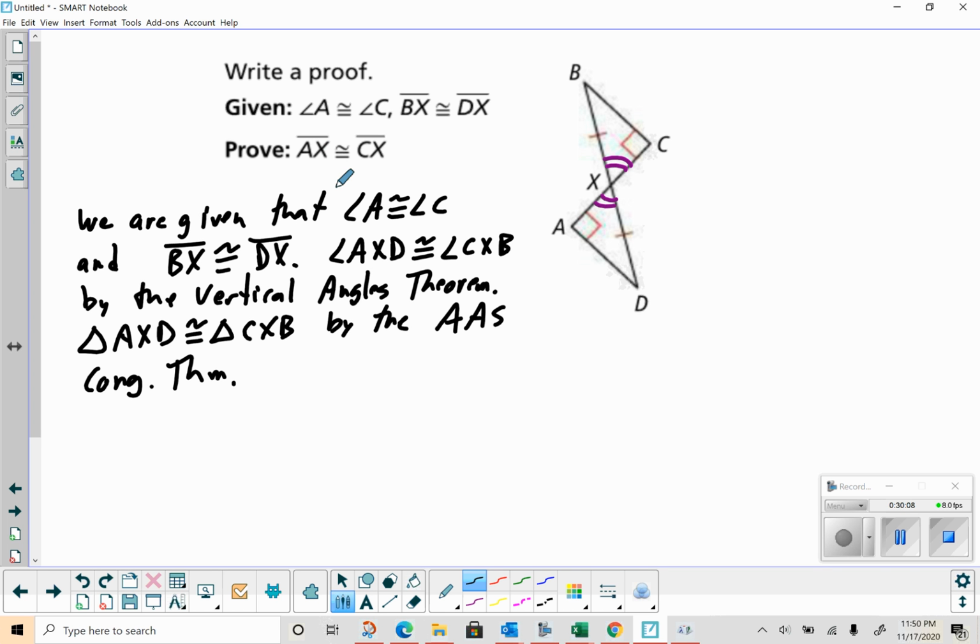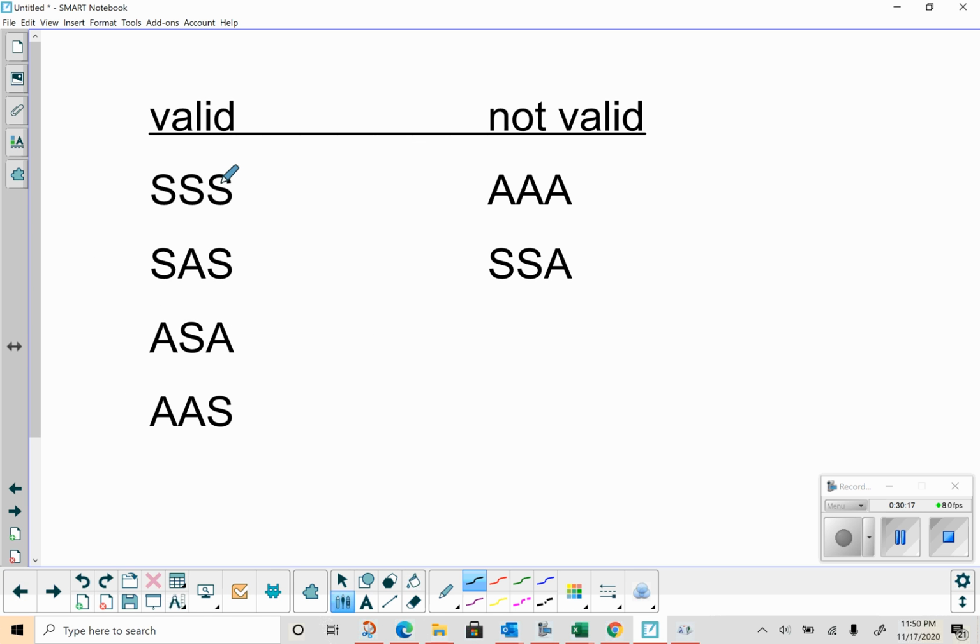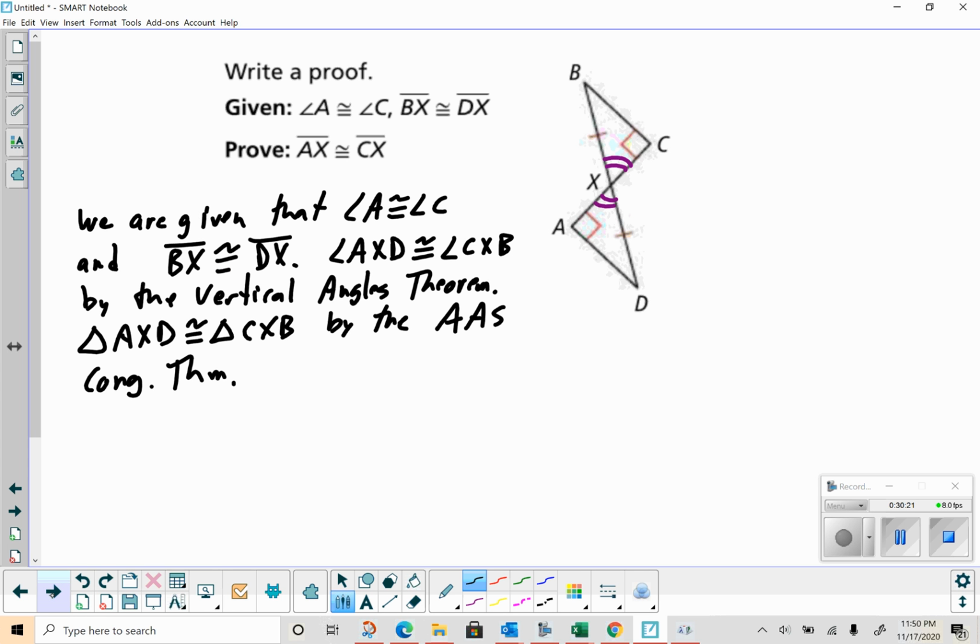How much do you remember? In section 3, we not only talked about the side-side-side congruence theorem and the side-angle-side congruence theorem, but we talked about another one. I can say that segment AX is congruent to segment CX.